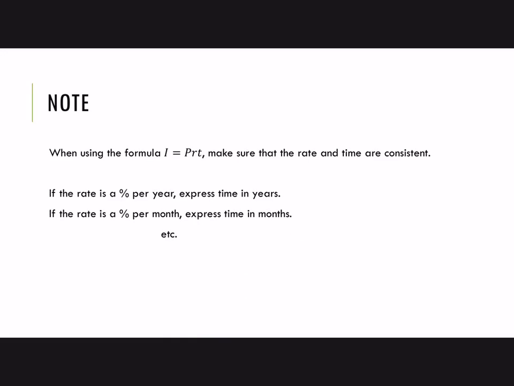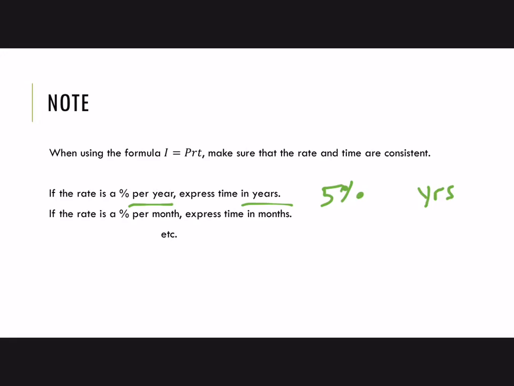Now here's a note: when using this formula, we need to make sure that the rate and the time are consistent, that they agree in units. So if we have the rate as a percent per year, then we need to express the time in years as well. Okay, so 5% per year, then we need time in years.